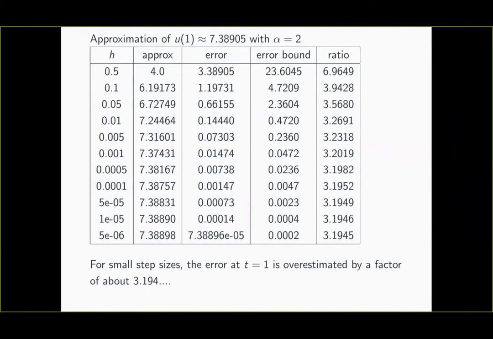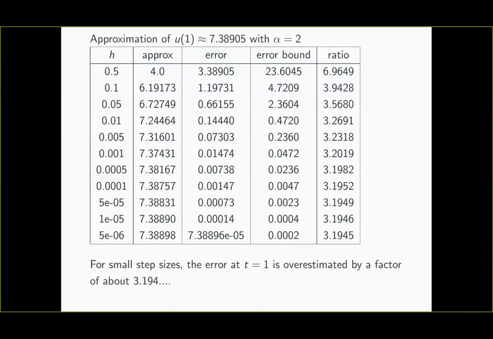7.38905. And in this table here, you see the results that I get for the Euler method with different step sizes h. So in the first column, you have step sizes h equals 0.5, 0.1, 0.05, 0.01, and you decrease the step size further and further.